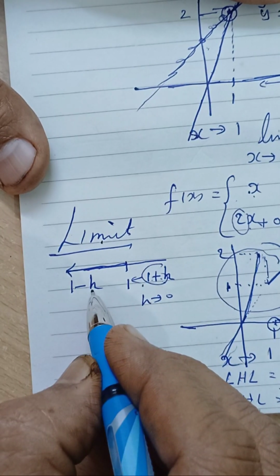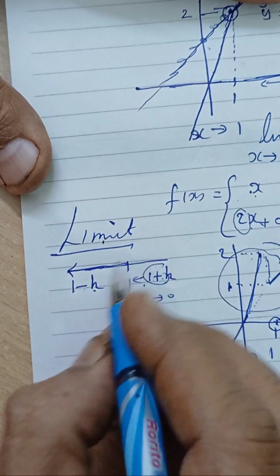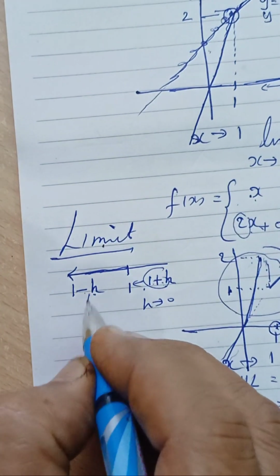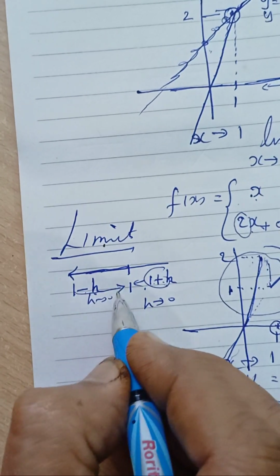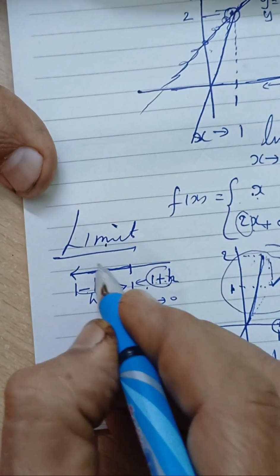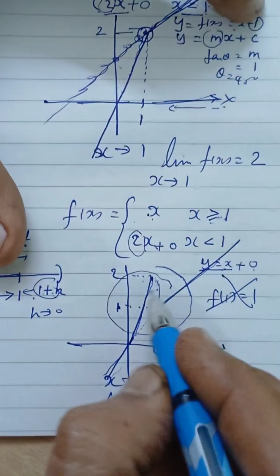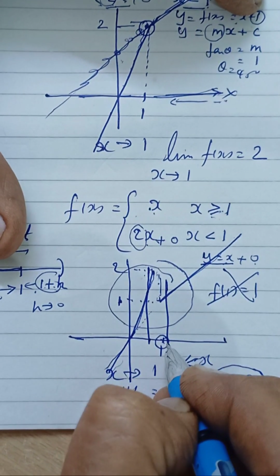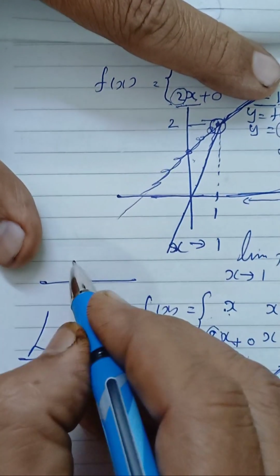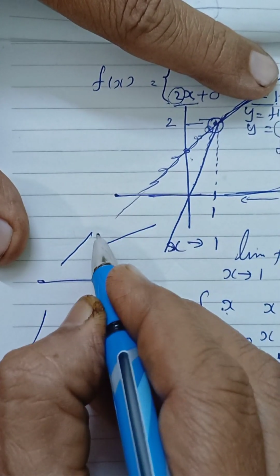As h is decreasing, the value will be moving towards 1. So the neighborhood of 1 is what we are interested in, not the whole function. So this is an approximate region around 1, and the graph will be like this, with a gap.